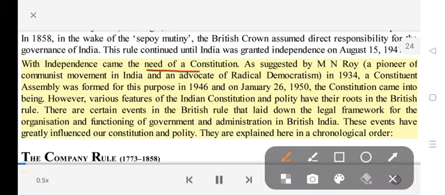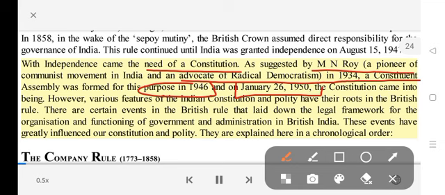As suggested by M. N. Roy, a pioneer of the communist movement in India and an advocate of radical democratism, in 1934, a constituent assembly was formed for this purpose in 1946, and on January 26, 1950, the constitution came into being.